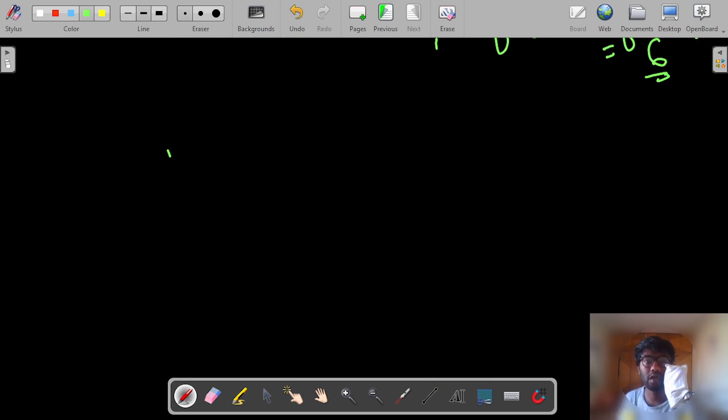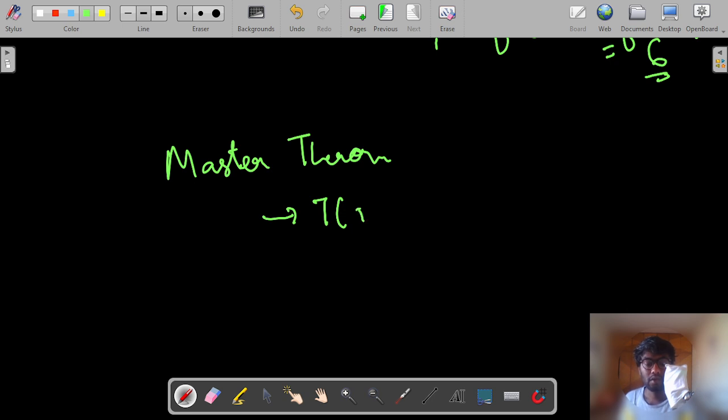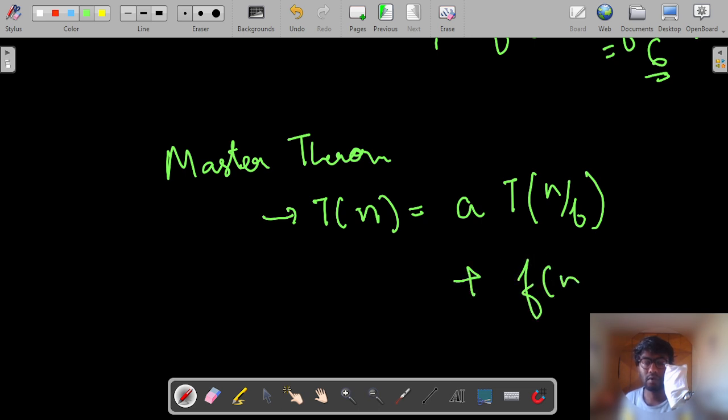And for master theorem, we can derive a specific representation for recurrence. For example, we can say T of n is equal to a into T of n by b plus f of n.